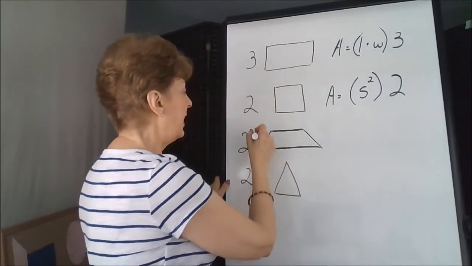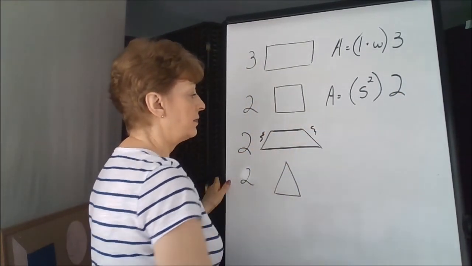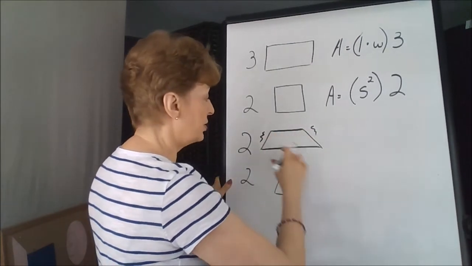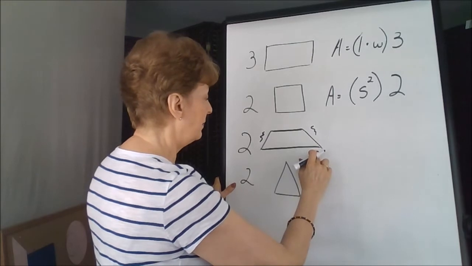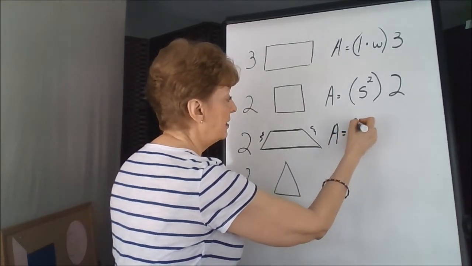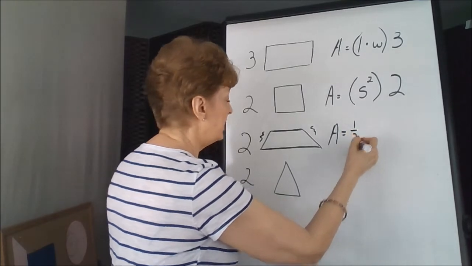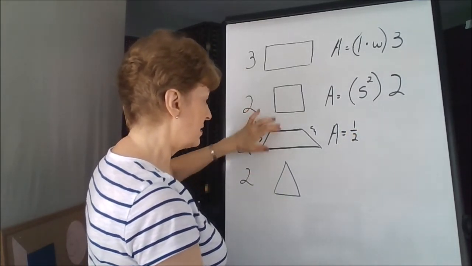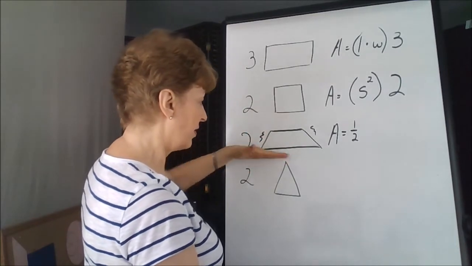Our trapezoid has some wasted space in it, as you can plainly see. The rows on the top are shorter than the rows on the bottom. So we're going to have a fraction in this case to take that into account. We also have 2 bases. One is smaller than the other.